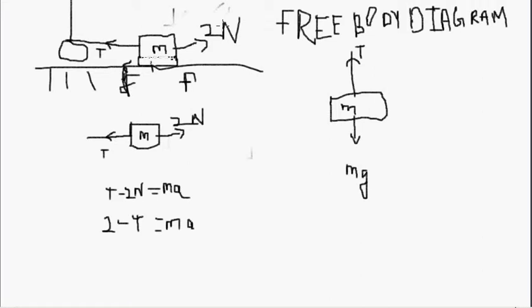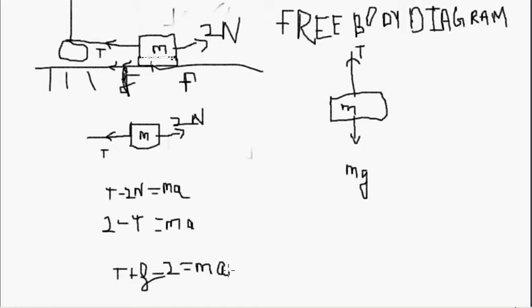For friction, if 2 Newton is applied here, the friction would act on this side. So the equation will be something like this: T plus F minus 2 equals ma. It's quite easy.